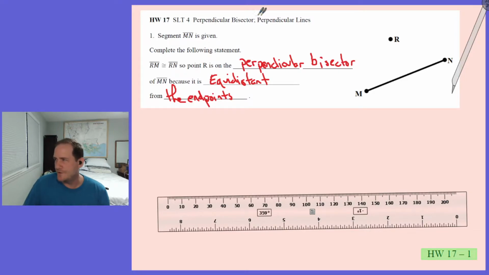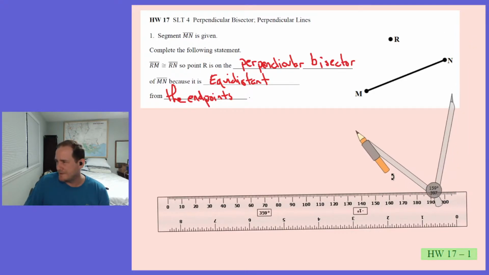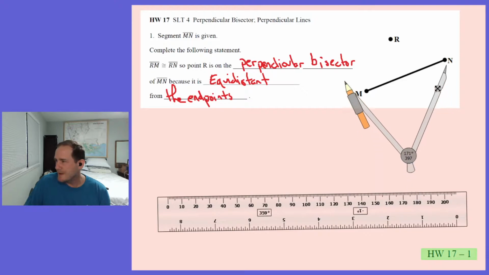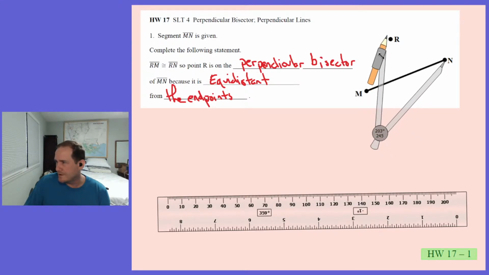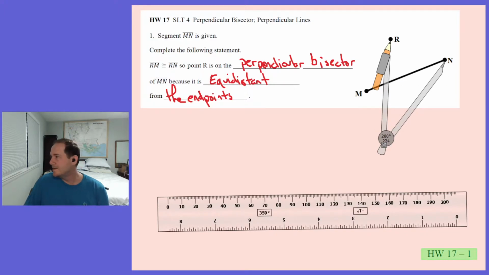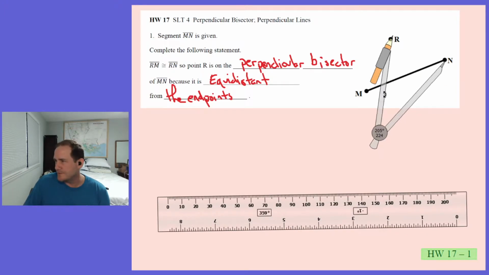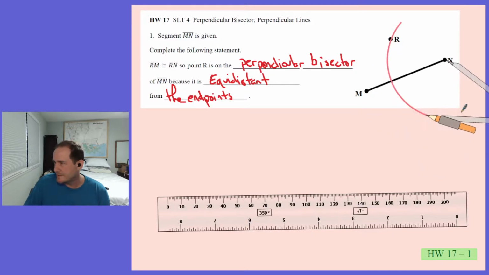So again, just to show you, I think that fact is kind of obvious from our construction method. If you were to center on N and open the compass up to point R, just like this, then think about the way we do our construction. We swing an arc.